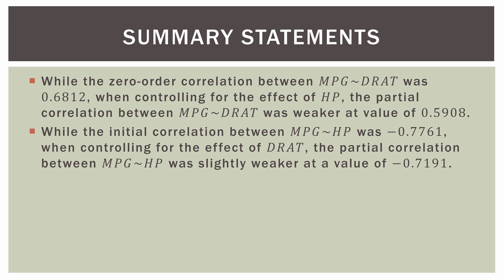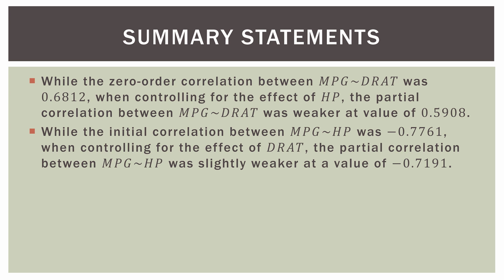And while the initial correlation between miles per gallon and horsepower was negative 0.7761, when controlling for the effect of DRAT, the partial correlation between miles per gallon and horsepower was slightly weaker as well, at a value of negative 0.7191. So both one-to-one correlations, the zero-order correlations, changed into first-order correlations, that's our partial correlation, and each of them got a bit weaker in the process.